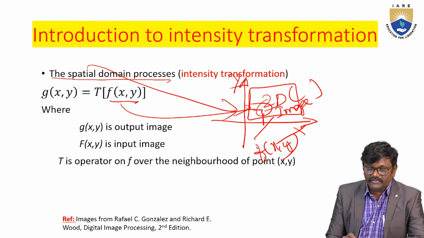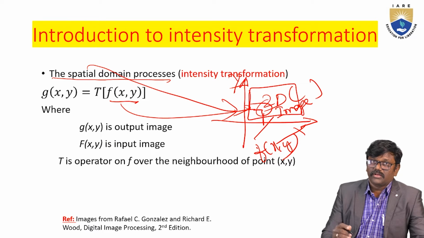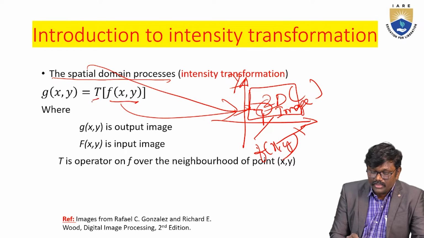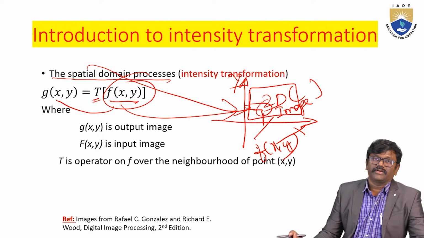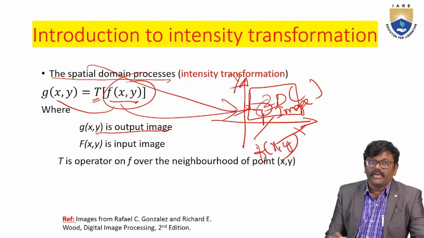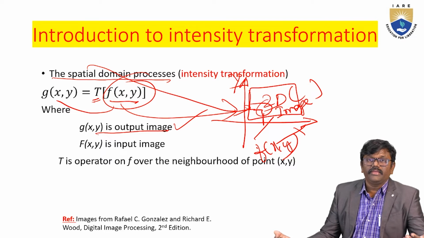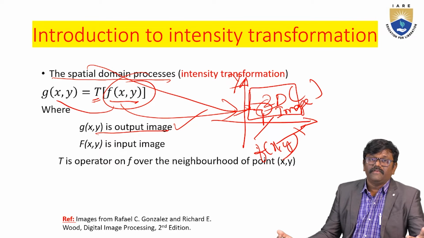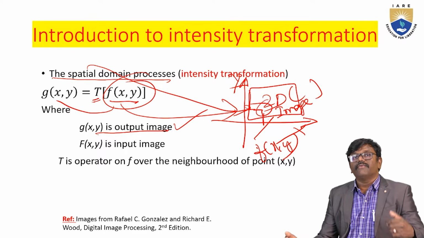So your f of x comma y, now you need to concentrate in terms of transformation. You are transforming your f of x comma y to the other function, that is g of x comma y, whereas g of x comma y is the output of the image. What do you mean by the output of the image? The output of the image is the image after the transformation process has happened, called g of x comma y.